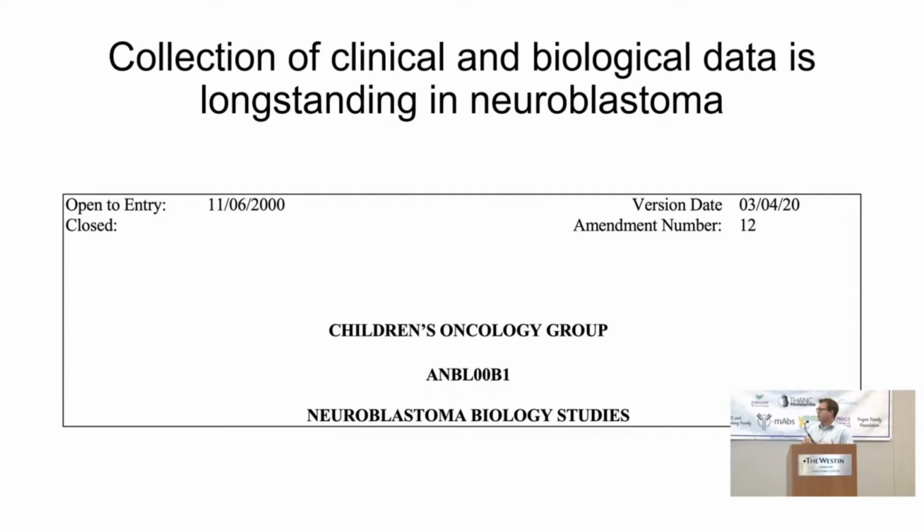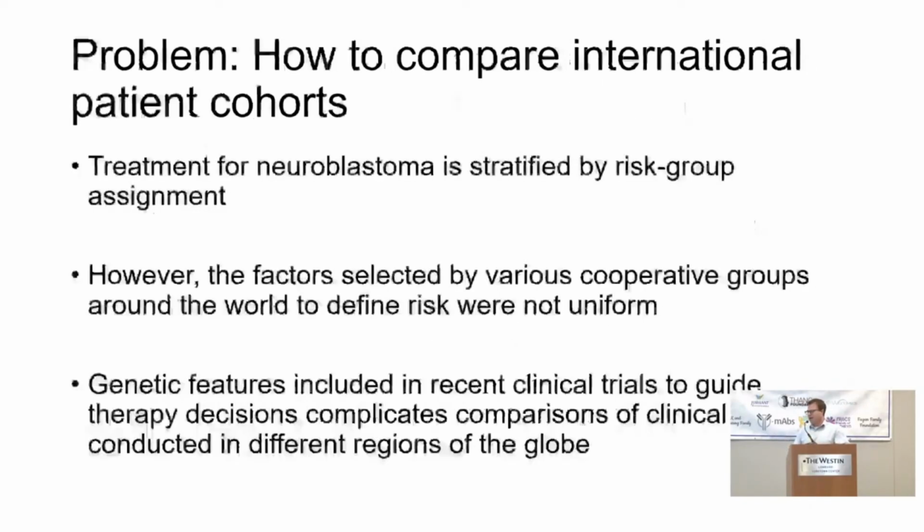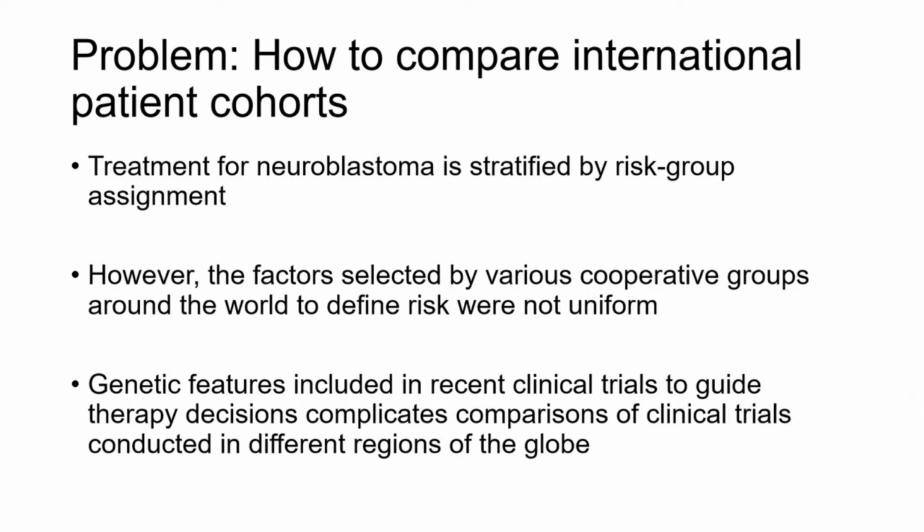And so since 1990, the Children's Oncology Group and its predecessors have been collecting all of this rich information, but ran into some problems. We could do studies within North America, and we were able to say, let's look back at the data we've collected in the spreadsheets. But neuroblastoma is treated a little bit differently around the world.